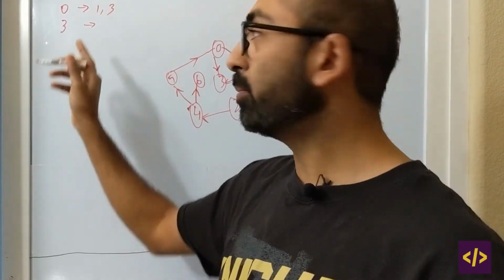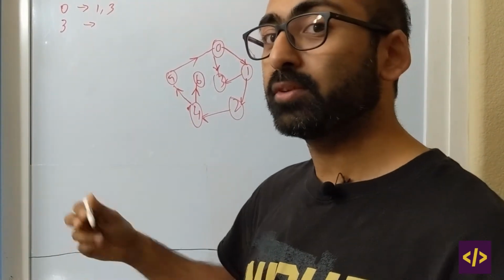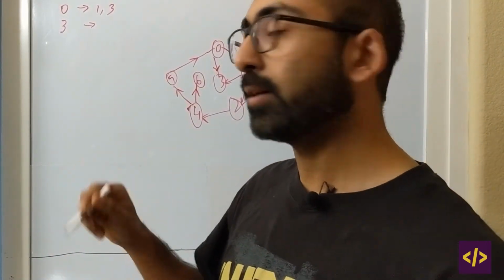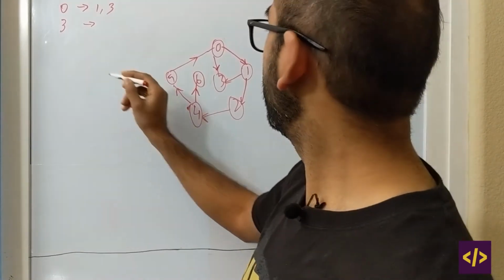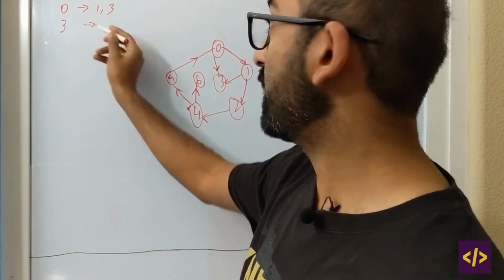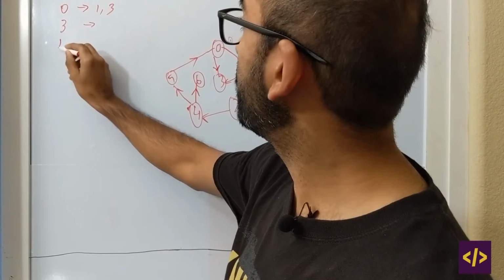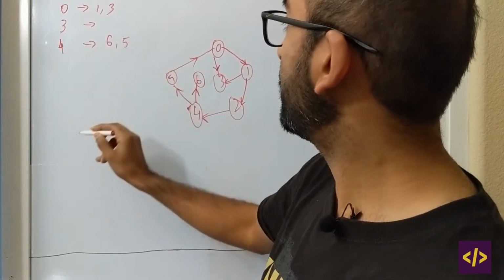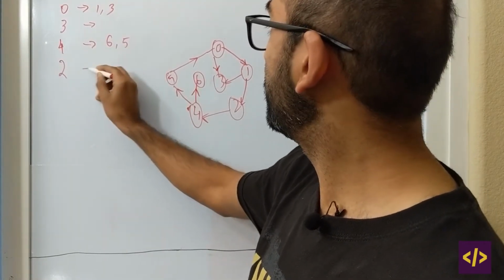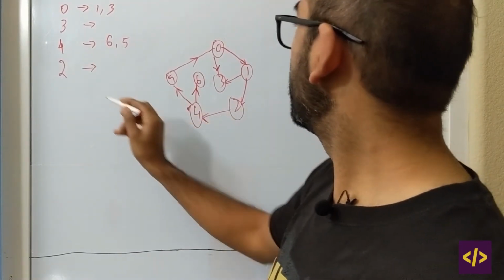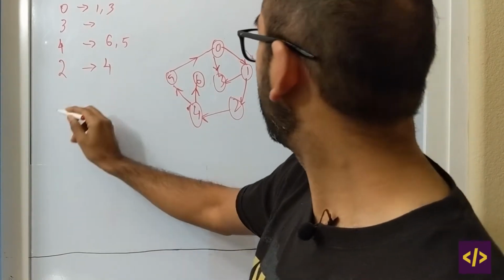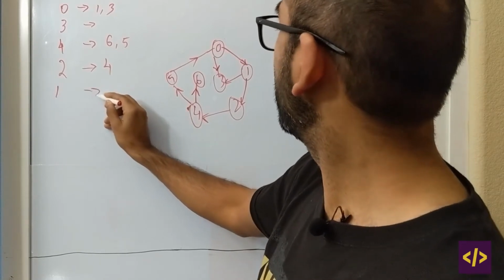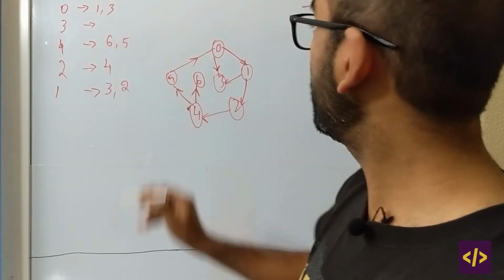I'm putting this randomly for a reason, because it's going to come up a lot in our data. 3 doesn't have anything, so that's empty. What about 4? 4 has 6 and 5. What does 2 have? 2 has just 4. It's a lonely one. Actually, 3 is a lonely one. And then 1 has 3 and 2.